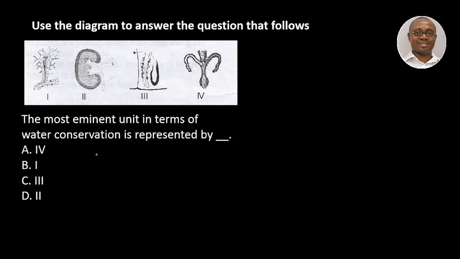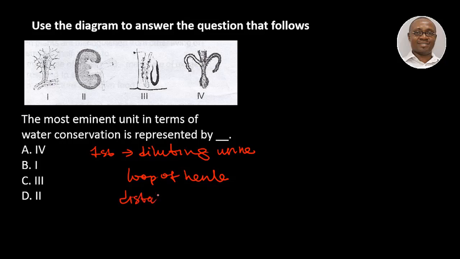Okay, because the kidney conserves water by first diluting urine as it moves through the loop of Henle, and then concentrating urine in the distal tubules and collecting duct.